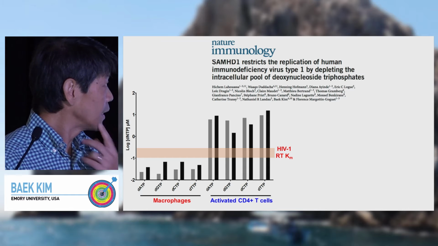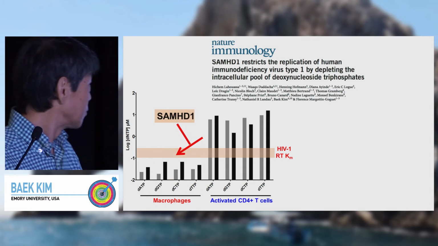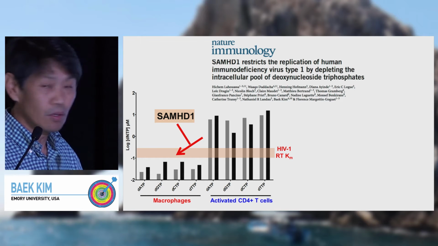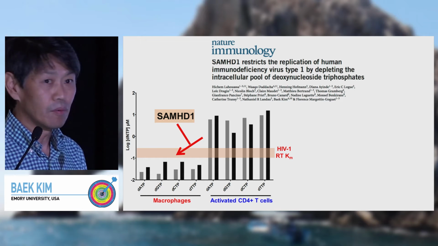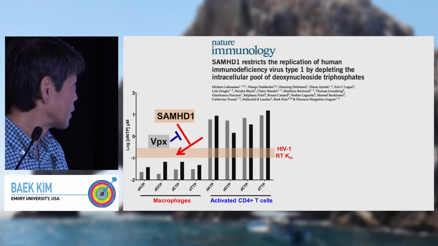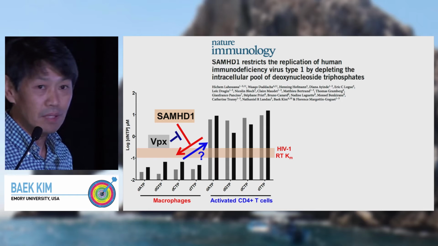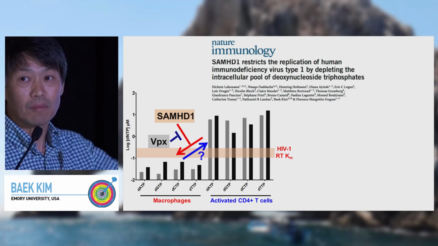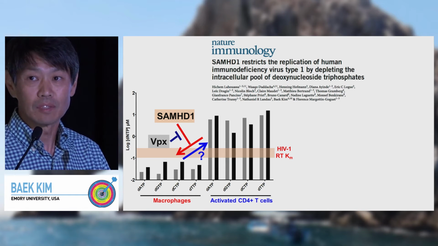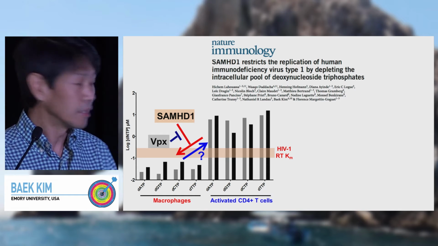So we tested that. The idea is that because of SAMHD1, dNTP is all hydrolyzed in macrophages, so the dNTP concentration is very low. But when HIV-2 or SIV infects, it releases VPX, which counteracts SAMHD1 and possibly elevates the dNTP concentration above the Km level of RT, so replication of HIV-2 and SIV can happen rapidly.